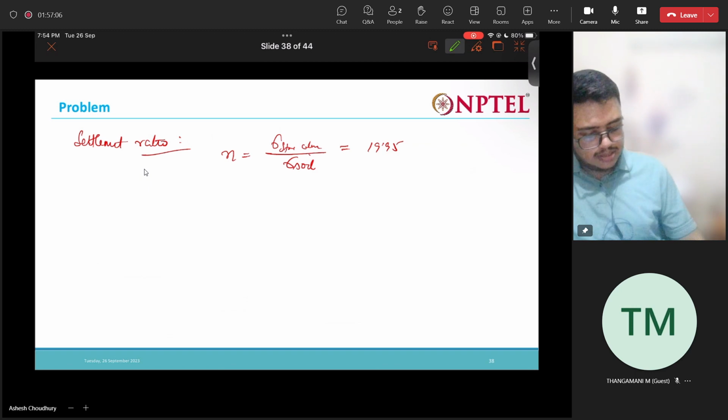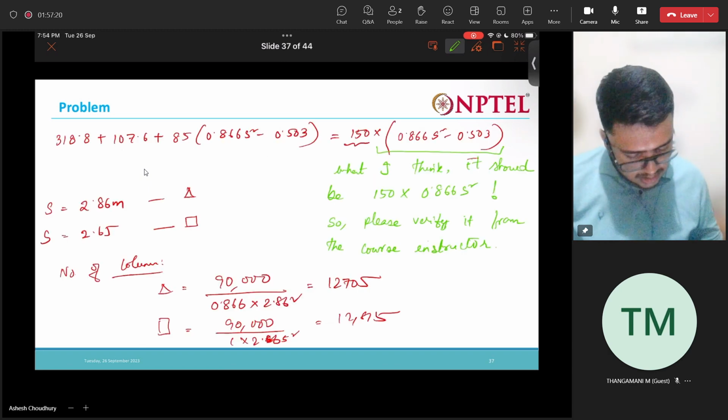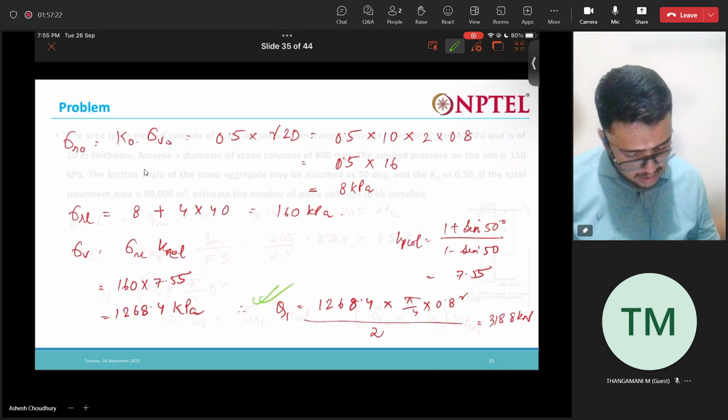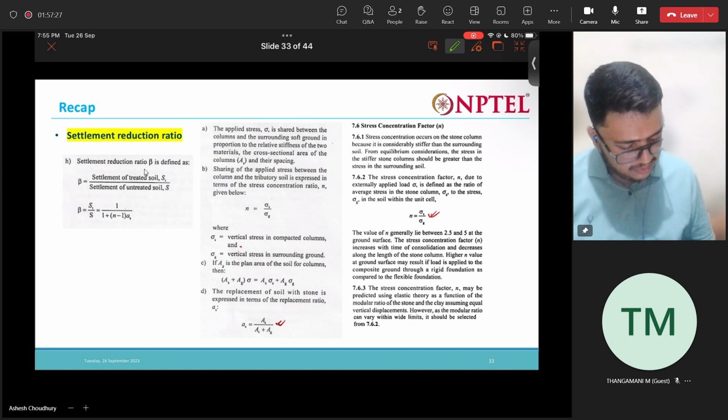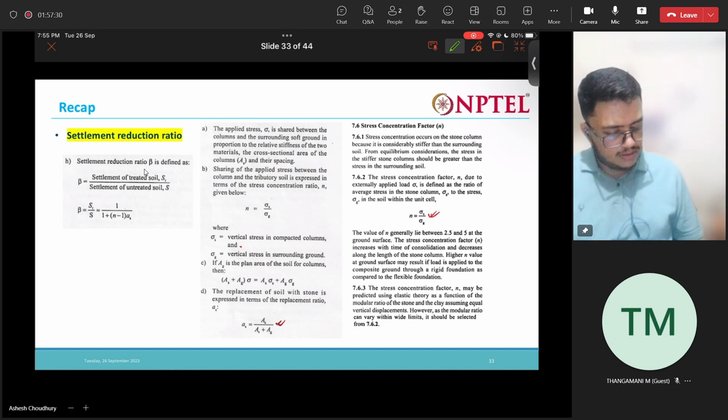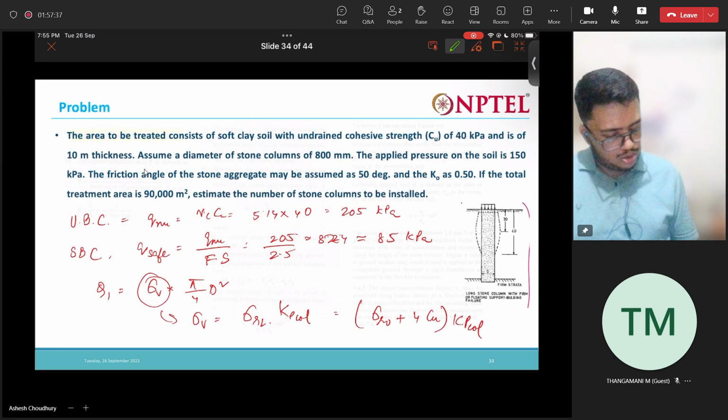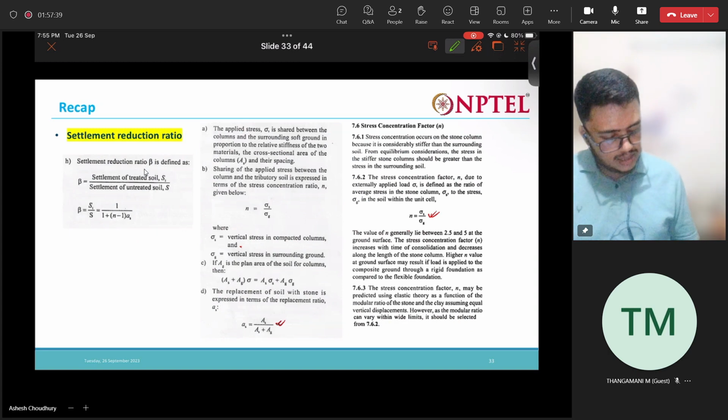So I don't think this is correct. As I already discussed before, the stress concentration factor should come between 2.5 and 5, right? So whatever they have calculated here, I don't think that is correct in the NPTEL solution. So please speak with the course instructor regarding this also.